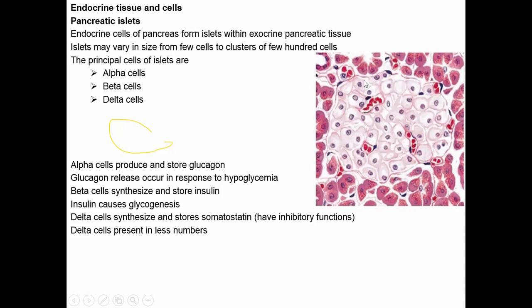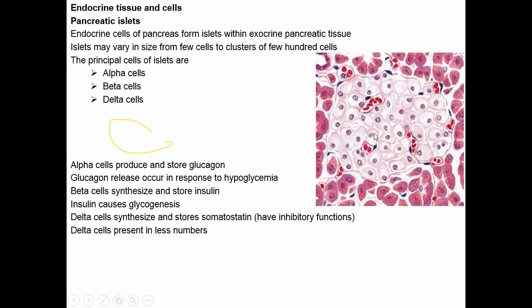These are present in the exocrine tissue, like you can see the exocrine portion here, but the specific islets present here form the endocrine part of the pancreas. An islet may vary in size from a few cells to a cluster of a few hundred cells.